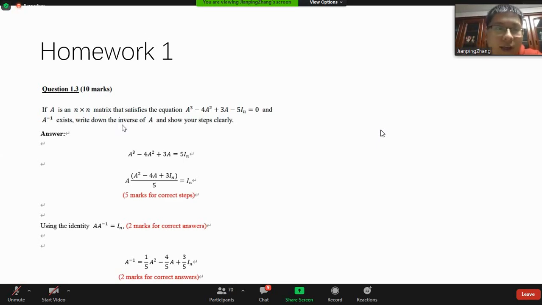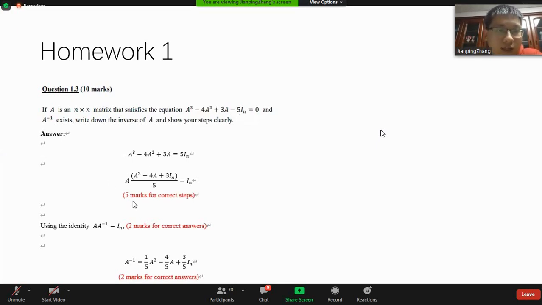So in order to get the inverse of A, we need to transform the equations to the form A multiplied by some matrix equal to the identity matrix. And the matrix we write down is exactly the inverse of A. So we just try to transform the equation to that form.